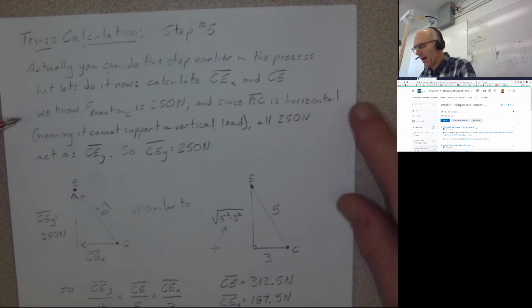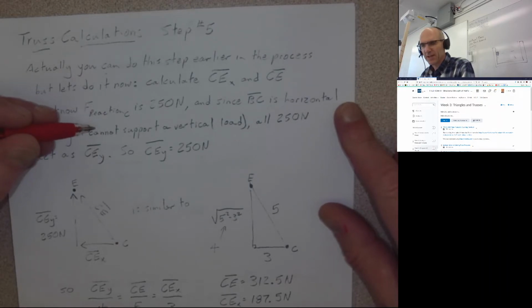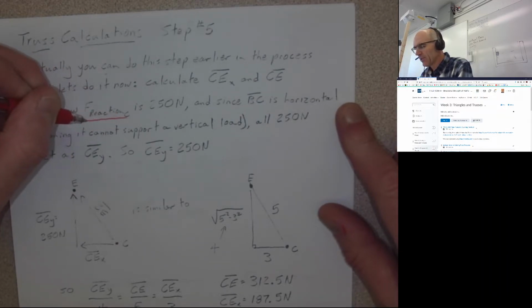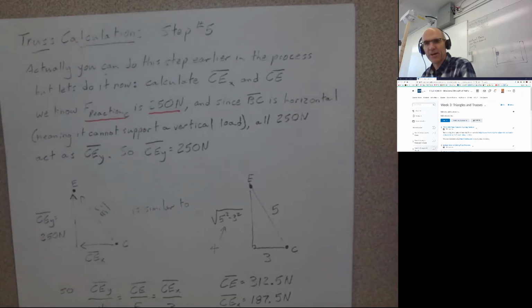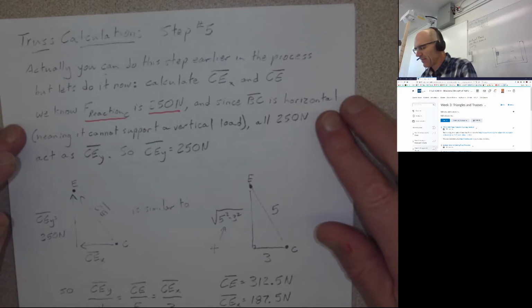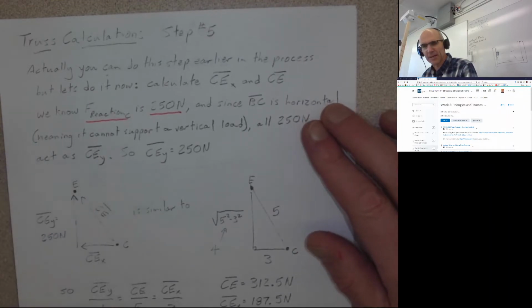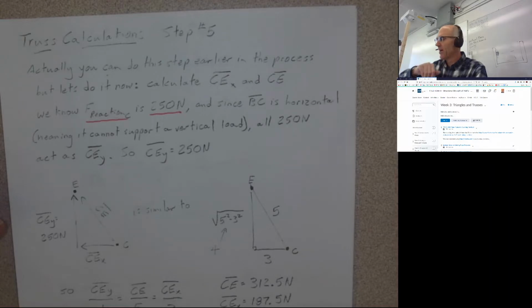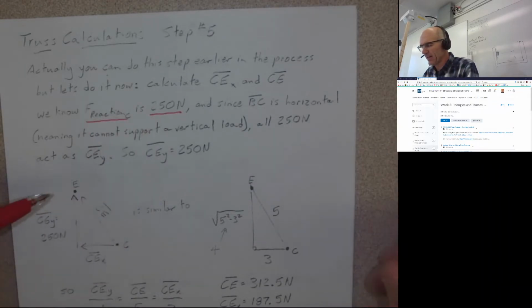Okay, so we know that force reaction C was 250 newtons. Remember, we calculated that on the very first step. Okay, and since BC, the member running across the bottom right down there, is horizontal, it can't support any vertical load. So we're going to apply none of that load on there.